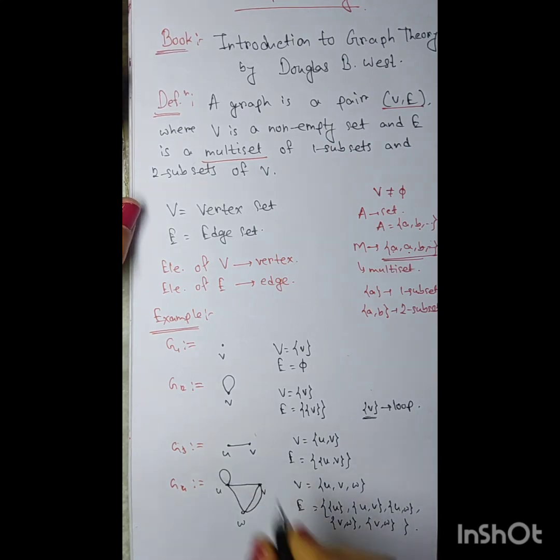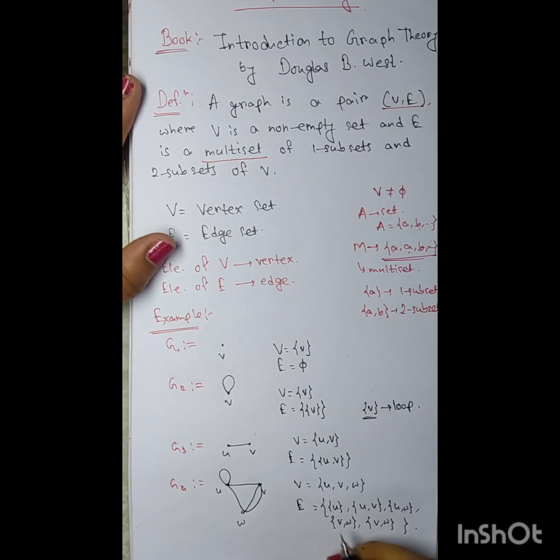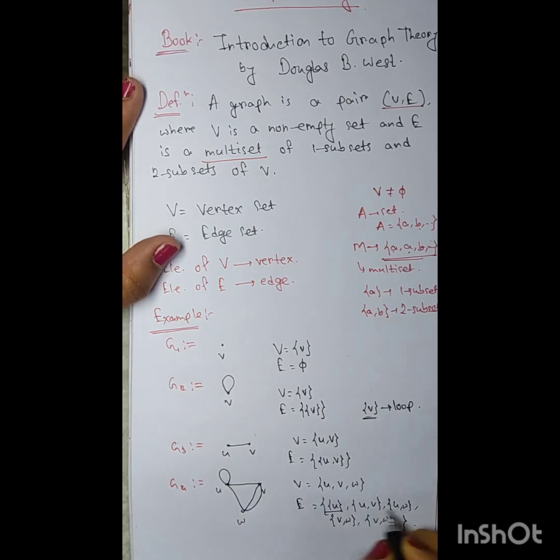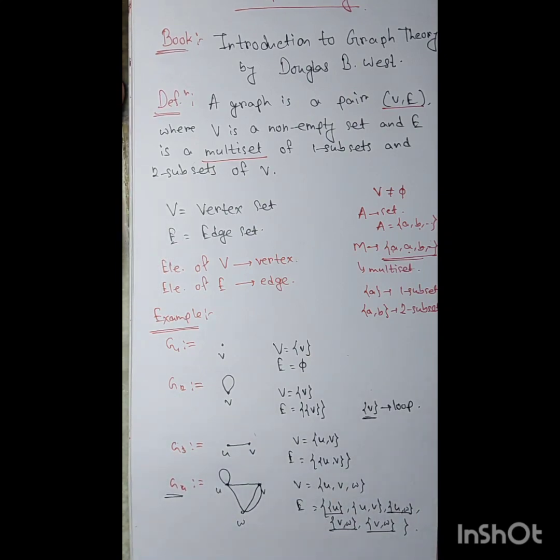It is a complete example, actually. We can see there are one-subsets, two-subsets, and also repeated two-subsets, like {v, w} appearing twice. So it is a multiset of one-subsets and two-subsets of the set V. This example is very important.